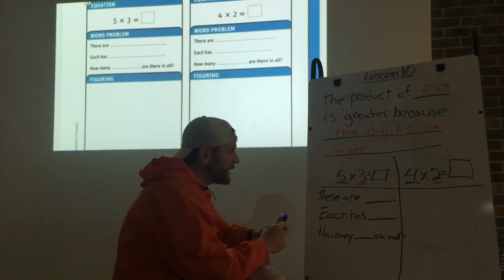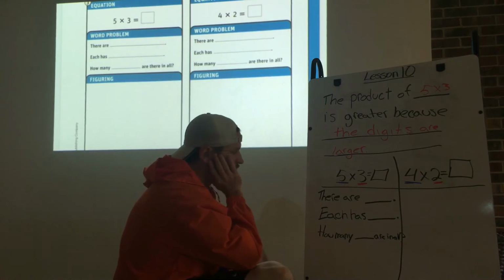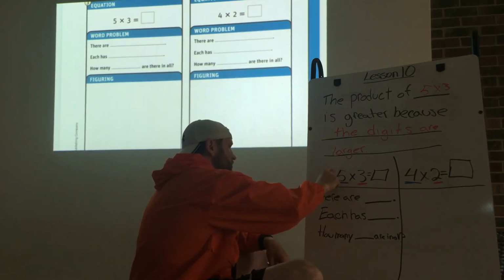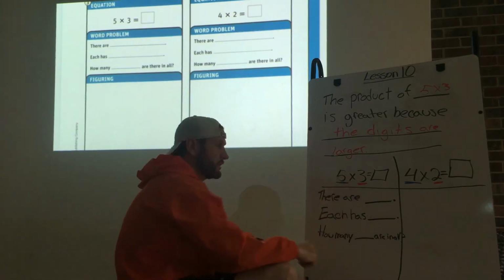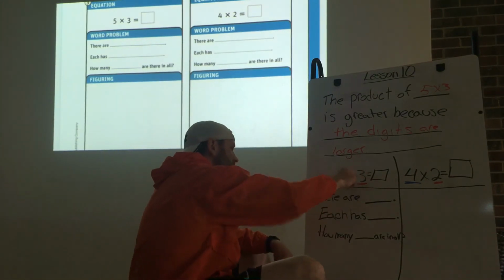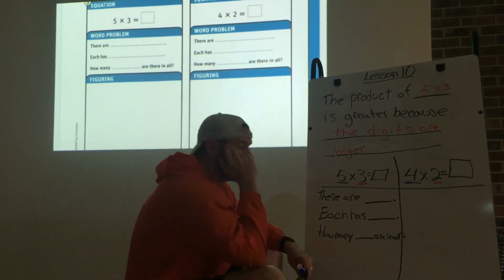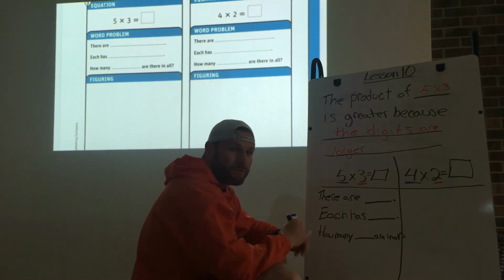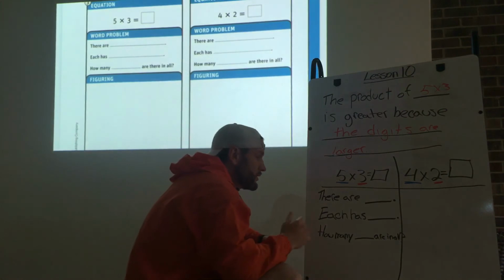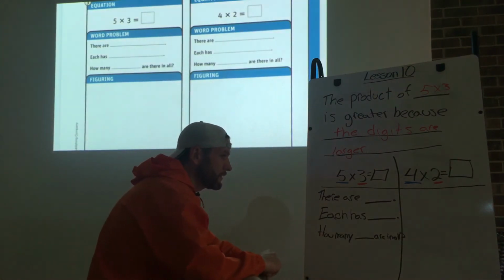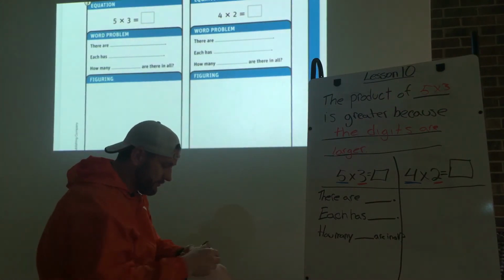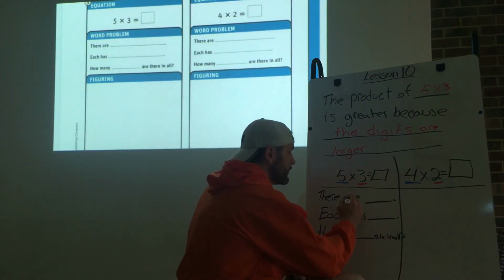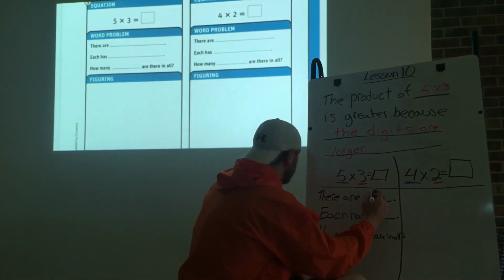So the number of groups is 5, and the size of the group is 3. Think back in your mind, when we did our list of things that we saw 3 of, what was there 3 of? How about triangles? Triangles have 3 sides. So there are 5 triangles.